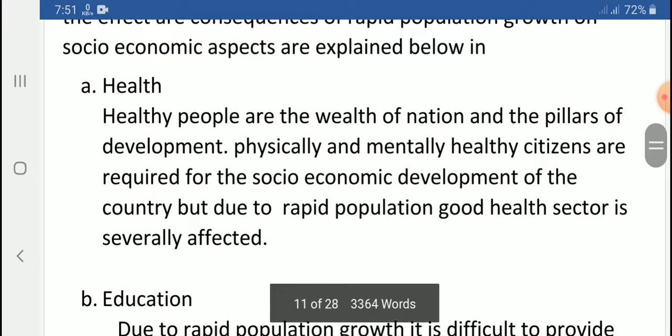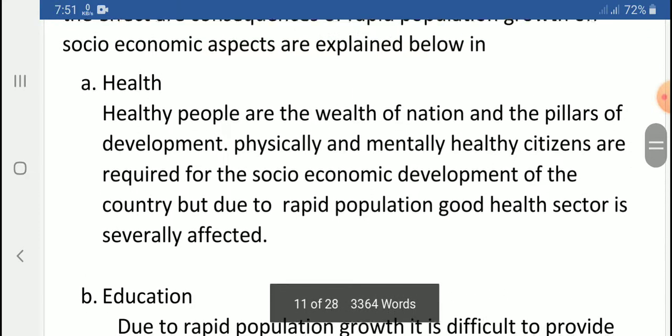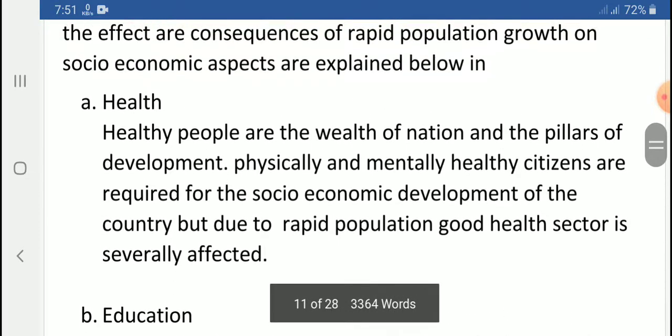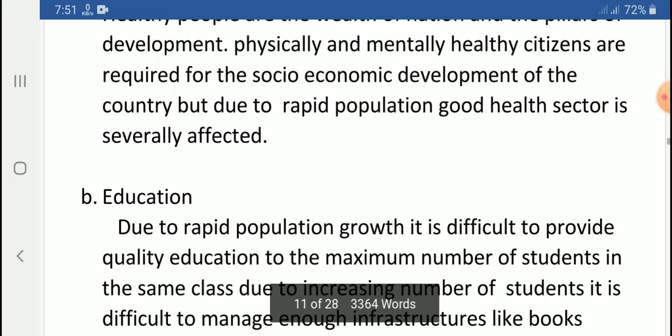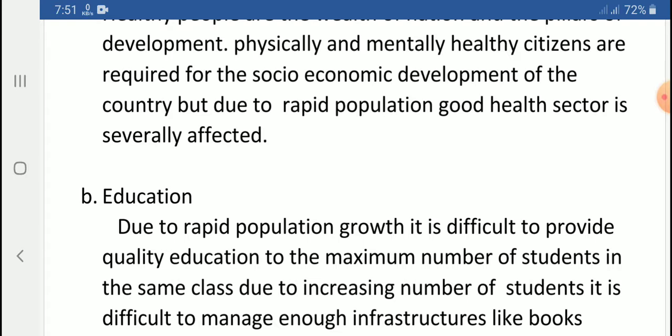So health is the first socioeconomic aspect. It relates with socioeconomic aspect. So how is health affected by rapid population growth? Due to rapid population growth, the government cannot provide basic health service to all of its citizens, and even poor people cannot afford the expensive health services in private sector in urban areas as well.